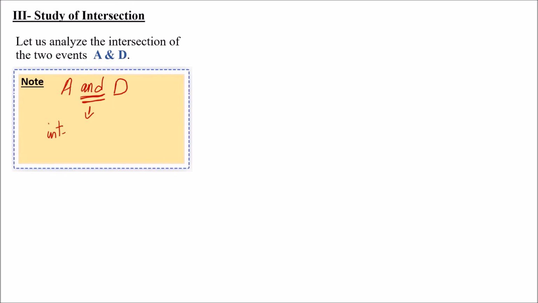So A and D means the intersection of the two events A and D.